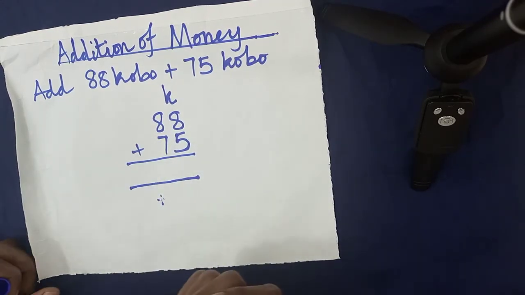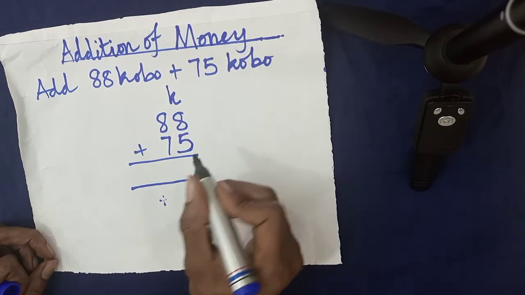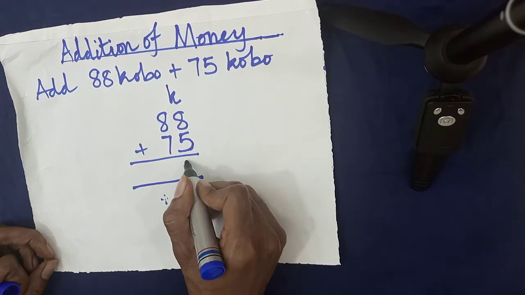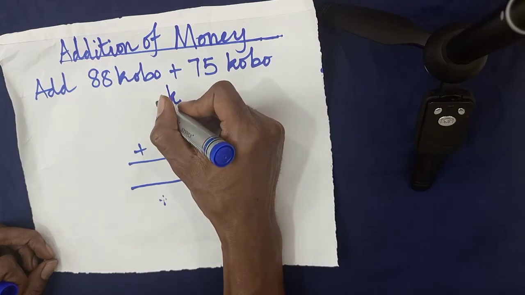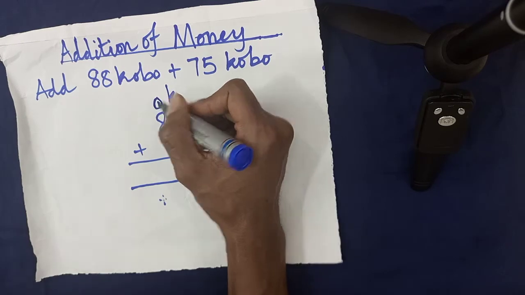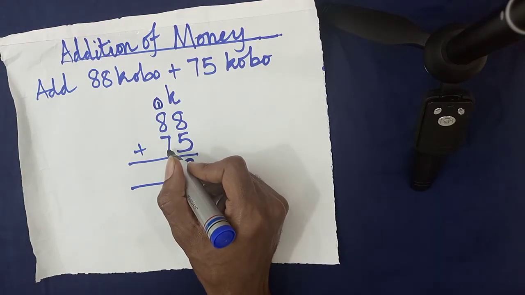So what do we have when we add 8 plus 5? Yes, our answer is 13. So we write down our 3 and we carry 1. Now, 8 plus 7 is 15.